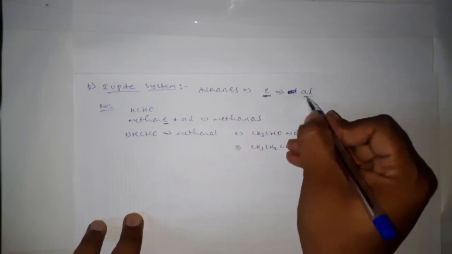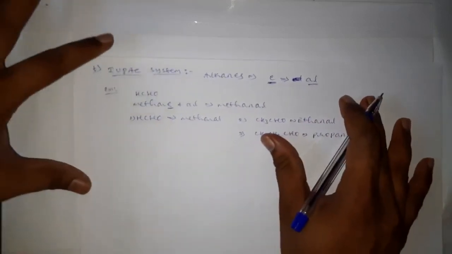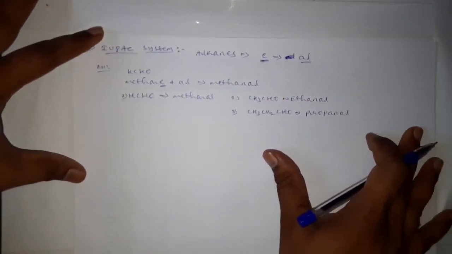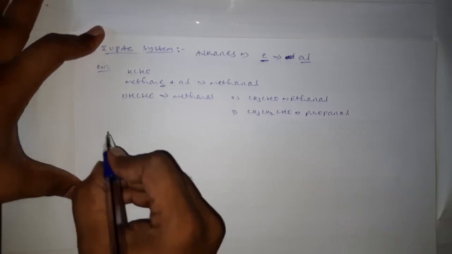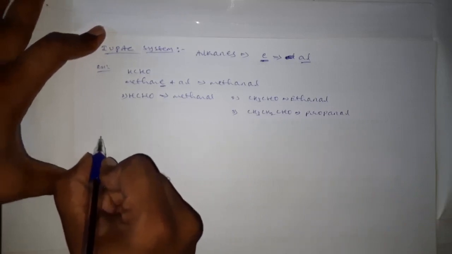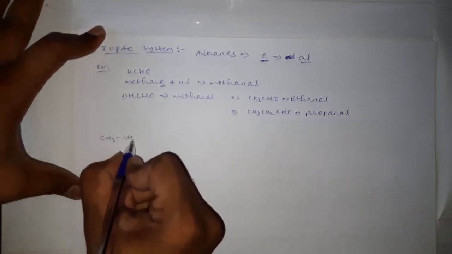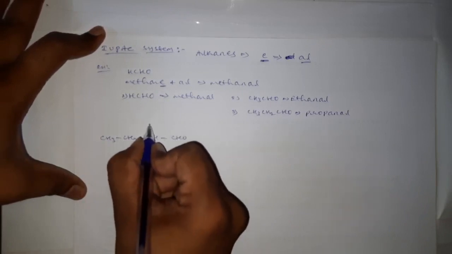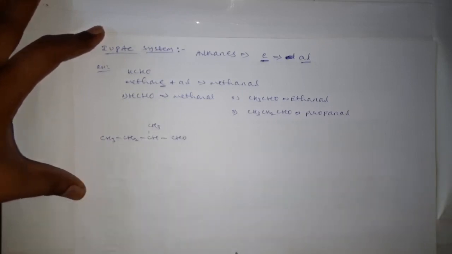Okay, and if substituents are there in a given aldehyde, then how do we name it? Take for example CH3CH2CHO with a CH3 group.